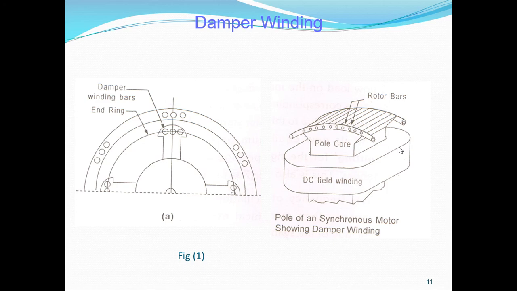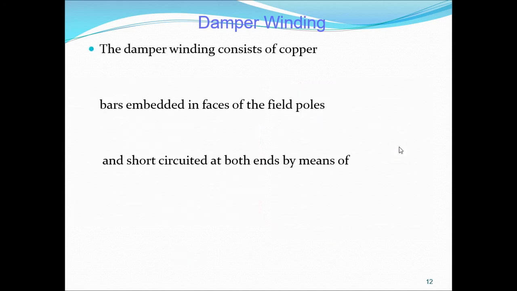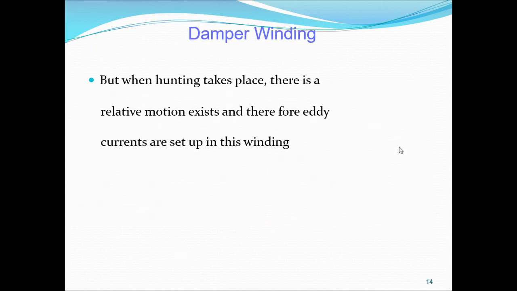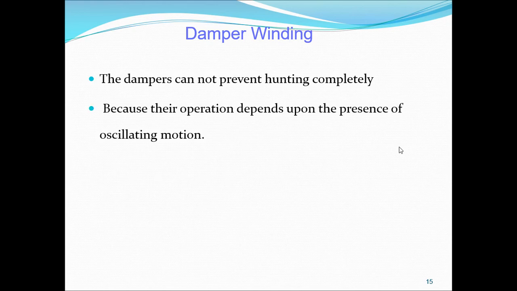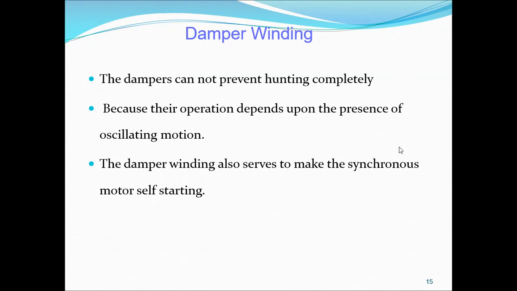Another thing is this damper winding cannot prevent the hunting completely, but it will reduce the effect. Another thing is this damper winding is used to make the synchronous motor self-starting.